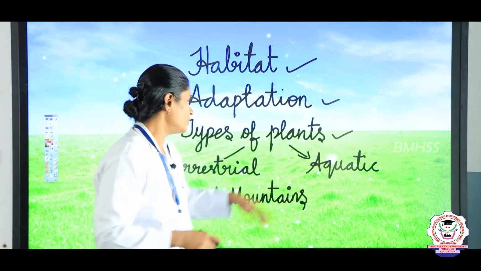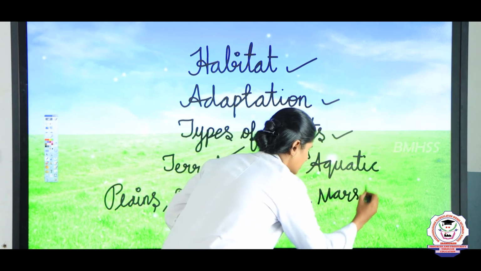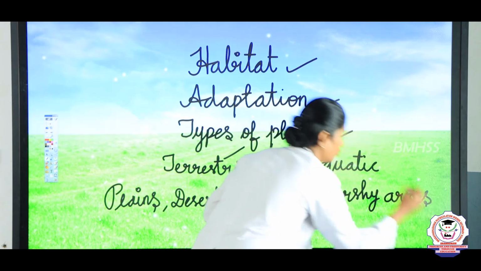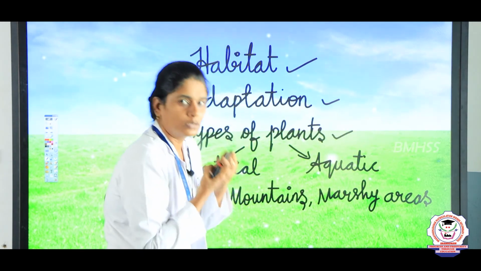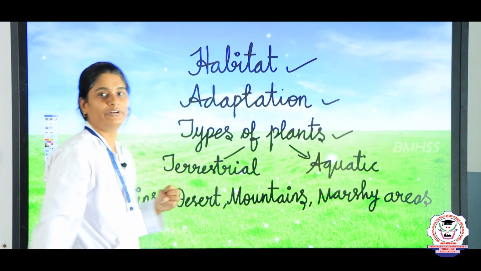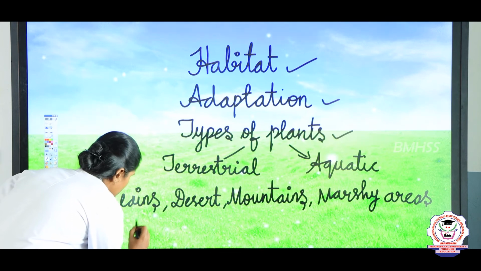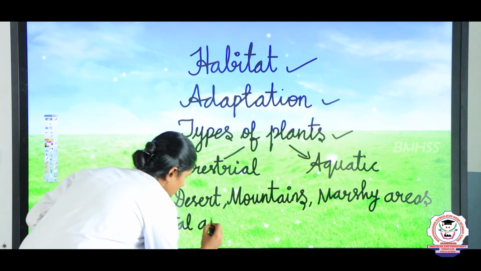And also we discussed plants that grow in marshy areas. In marshy areas the roots of the plants grow out of the soil to take in the air. Mangrove trees grow in marshy areas. The next one we saw is coastal areas, which means near the seashore.